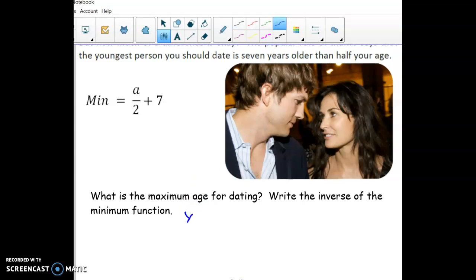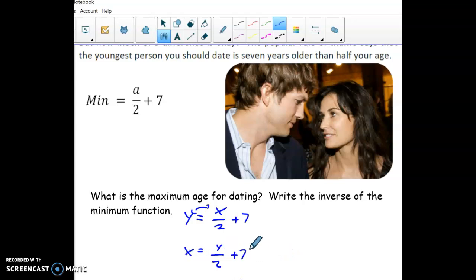All right, so the min function, if you wrote it with y and x instead of age and min there, would look like this. Then to find the inverse, I would flip the y and the x so that we get x here and y there, and then solve that for y.